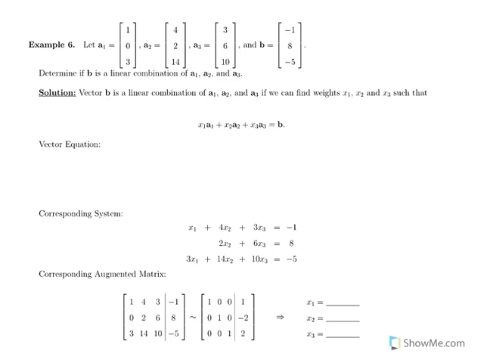So we're going to say that vector B is a linear combination of A1, A2, A3 if we can find weights x1, x2, and x3.